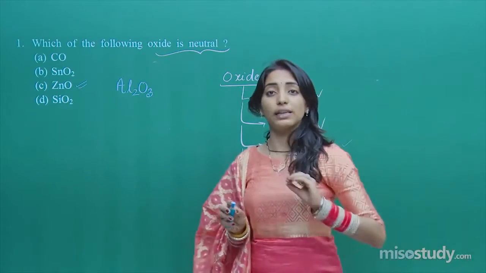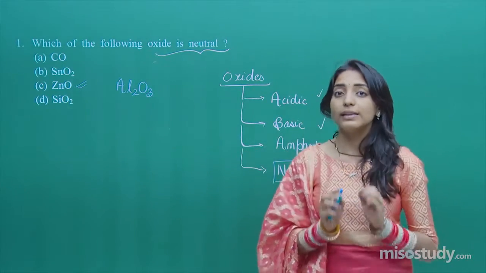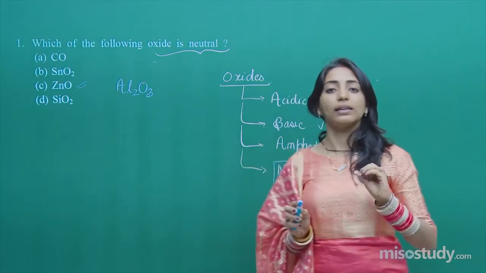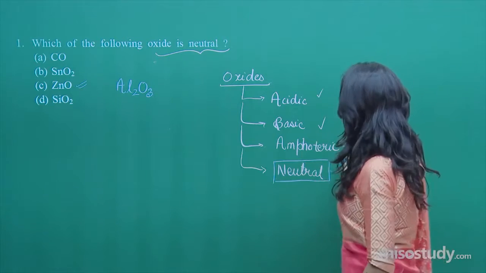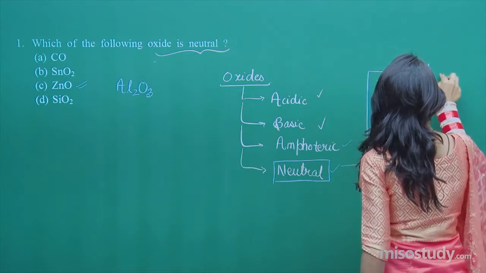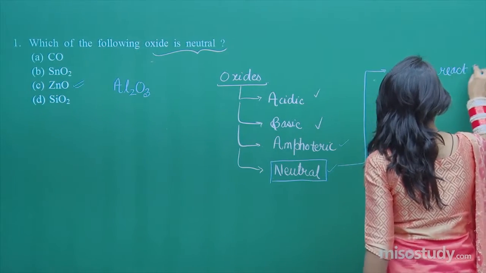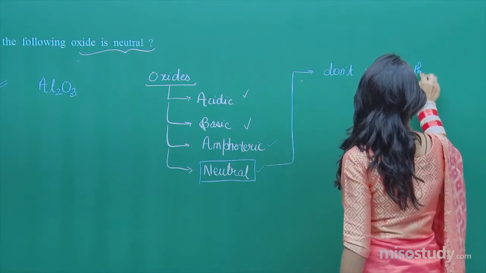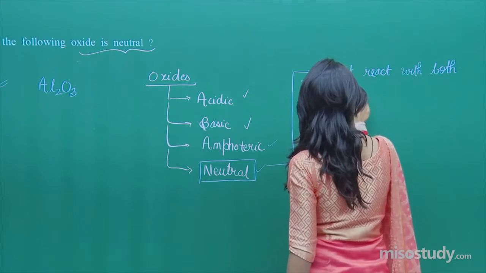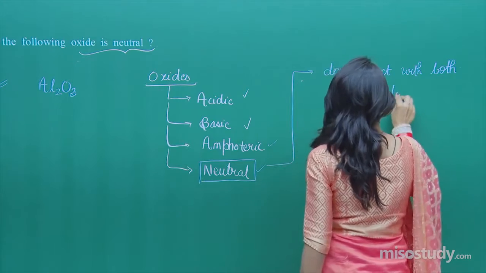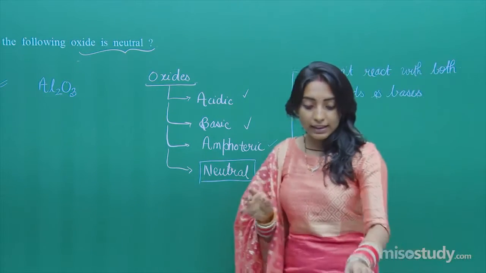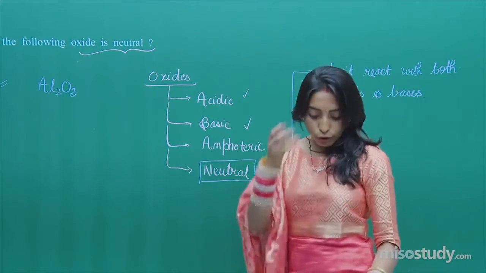Neutral oxides, as the name suggests, are those oxides which have no tendency to react either with an acid or with a base. So neutral oxides are the ones which do not react with acids and bases.